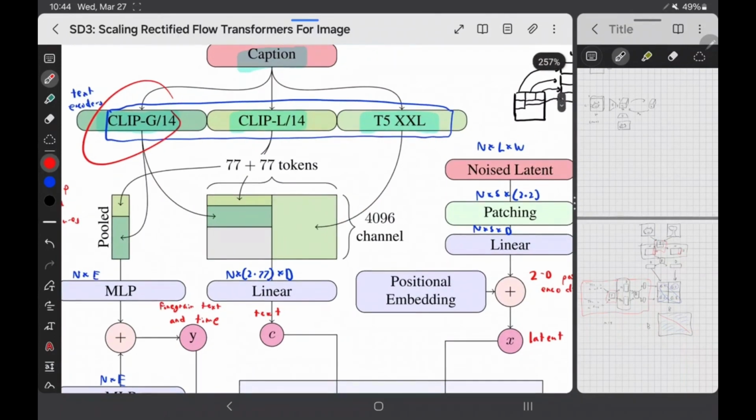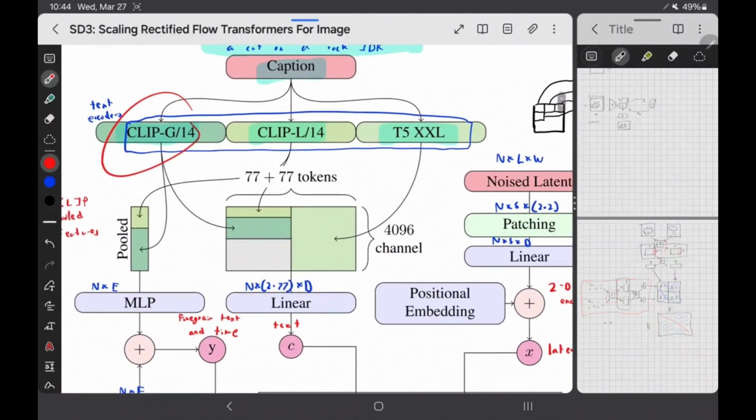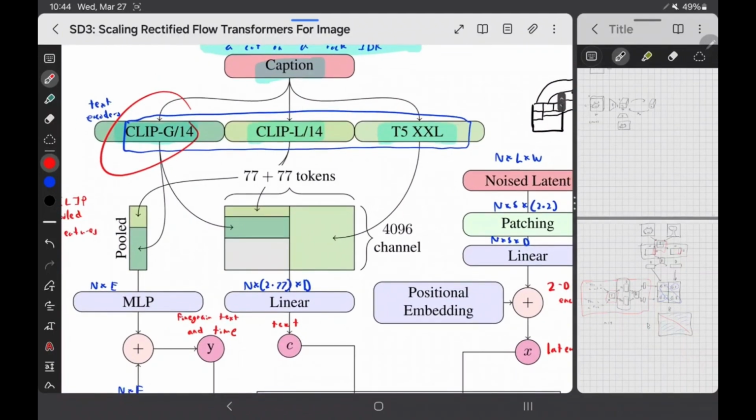So you essentially construct this matrix here where the outputs of CLIP are 77 tokens, and the output of T5 is also 77 tokens, and you concatenate them. And you concatenate them sequence-wise and dimension-wise. So you concatenate this one here, dimension-wise, with the other CLIP model. So you get this larger dimension here. Maybe this is like 2048 or something like that.